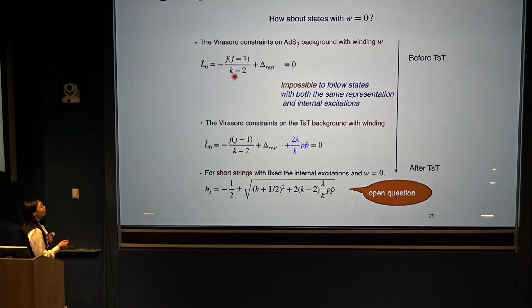So in order to satisfy both Virasoro constraints, the only way is to map states in different SL2 representations. And for short strings, this J is just minus H, where H is the spacetime conformal weight. If you do so, you'll find that this deformed conformal weight will have a weird square root structure. And what's the role of these short strings in the single-trace TTbar deformation? We don't know. It's very interesting to find out.